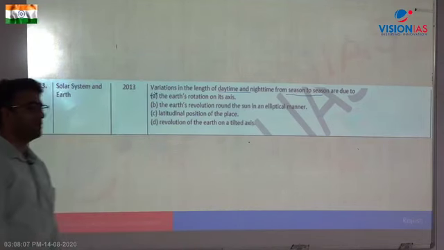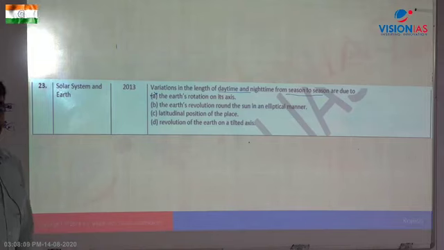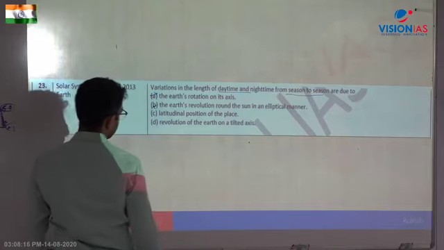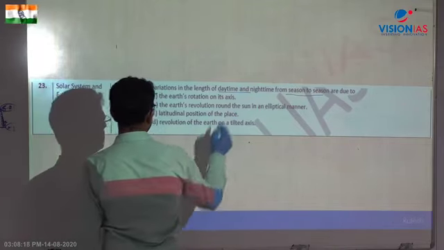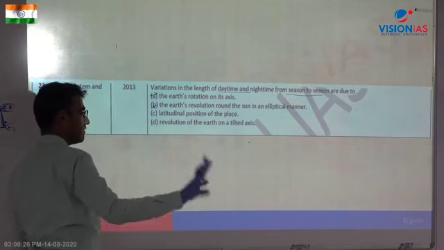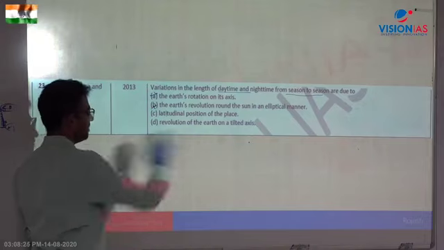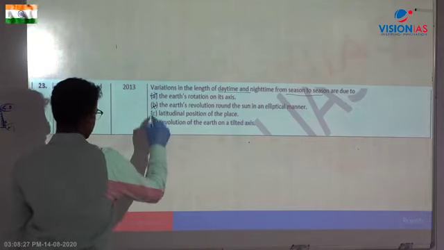Just because earth is revolving around the sun in an elliptical manner, can we expect the length of day and night to change? Not necessarily. The latitudinal position of a place? Is it because at the equator it's always equal day and night, so it varies from one latitude to another? No, that is also not it.